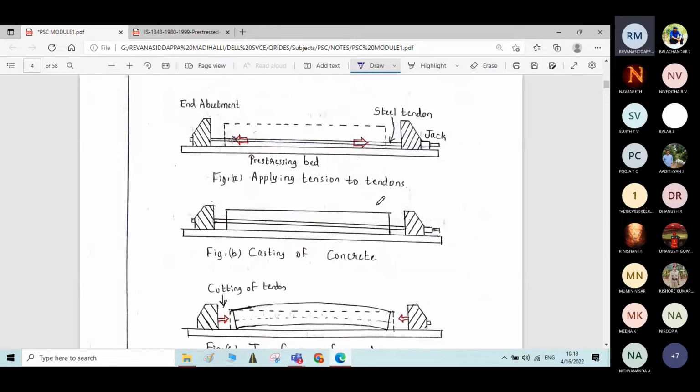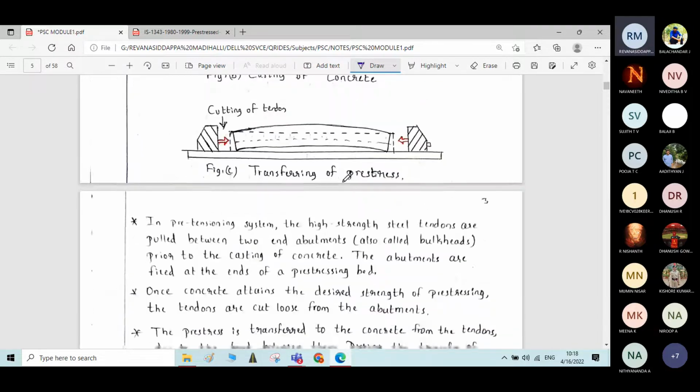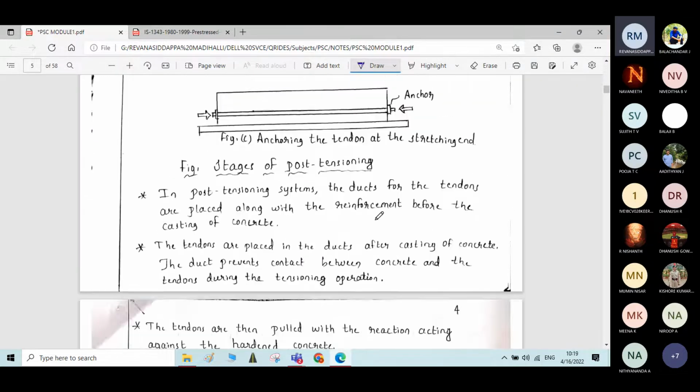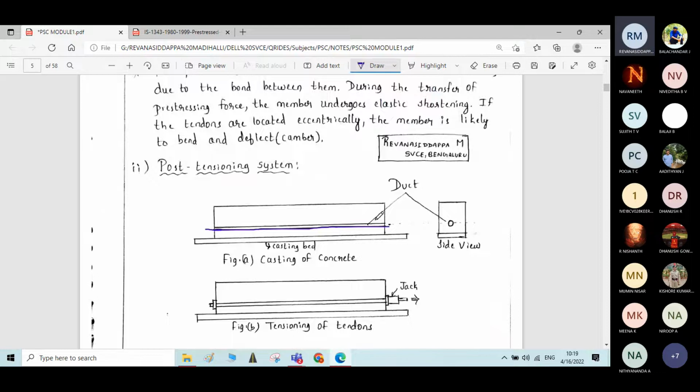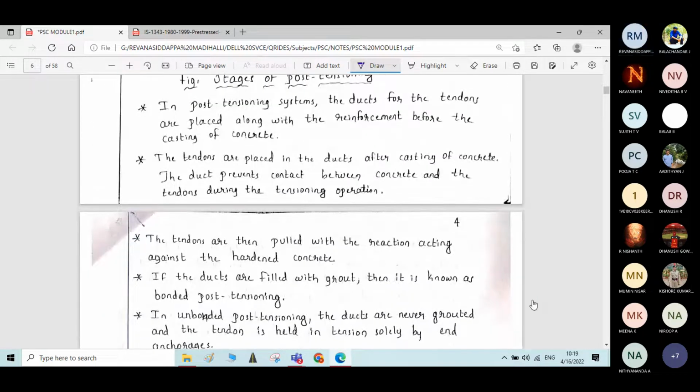In the previous case, it was through the friction or the bond between the concrete and the tendon. Here, by providing proper anchors at the edges, the stresses will be transferred to the element. This is the process involved in the post-tensioning system.